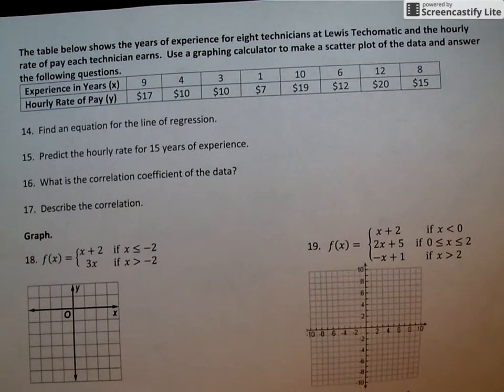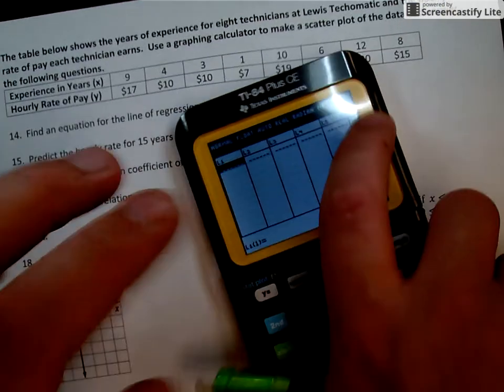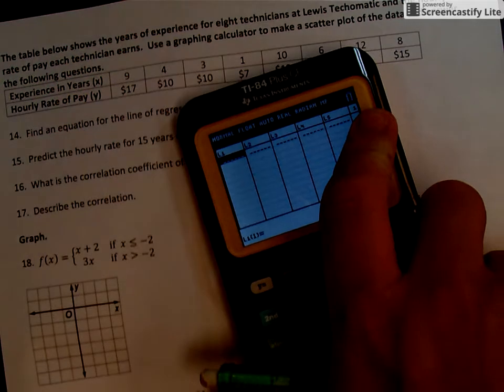We're going to have to use a graphing calculator. Sorry, I'm clearing out my calculator real quick before I bring it over. Okay, so graphing calculator, let me get rid of these lights so they don't glare.